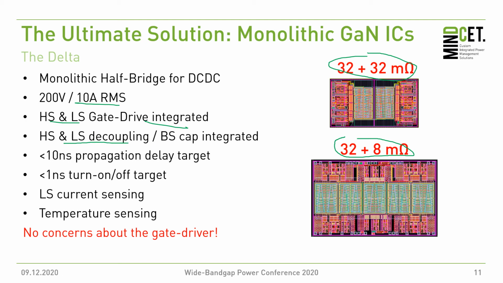The decoupling for the high side and low side is also integrated, which is important to have an energy reservoir very close to your gate. So this is done, and also the bootstrap gap is integrated. Propagation delay is below 10 nanoseconds. Turn on and turn off target is below 1 nanosecond. We also have low side current sensing and temperature sensing. With this kind of solution, there is no concern anymore for the user about gate drive. It's taken care of monolithically on chip.